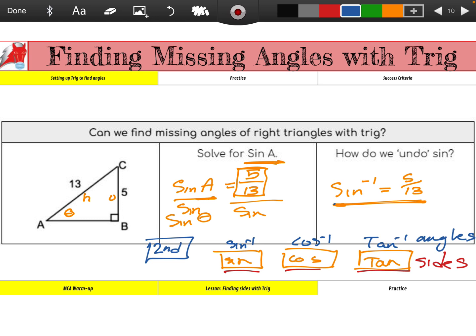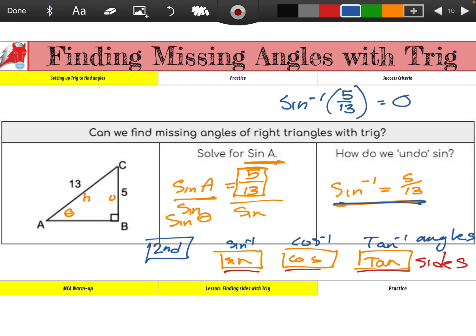So we'd simply type it in. I'm going to turn on mine. If I go second sine, this is what you're going to see on your calculator. It'll give you a parenthesis. What goes in there is the ratio. You're saying, here's the ratio for opposite over hypotenuse, calculator.